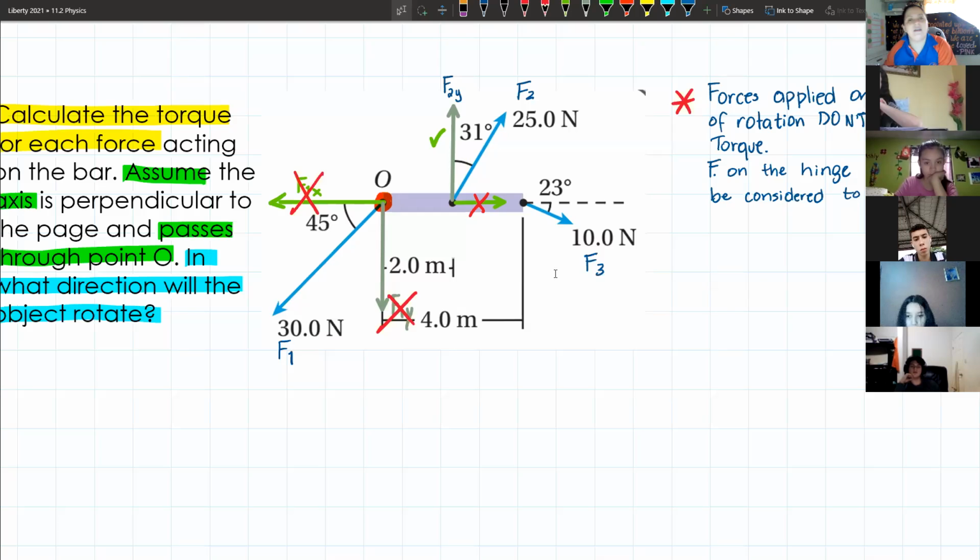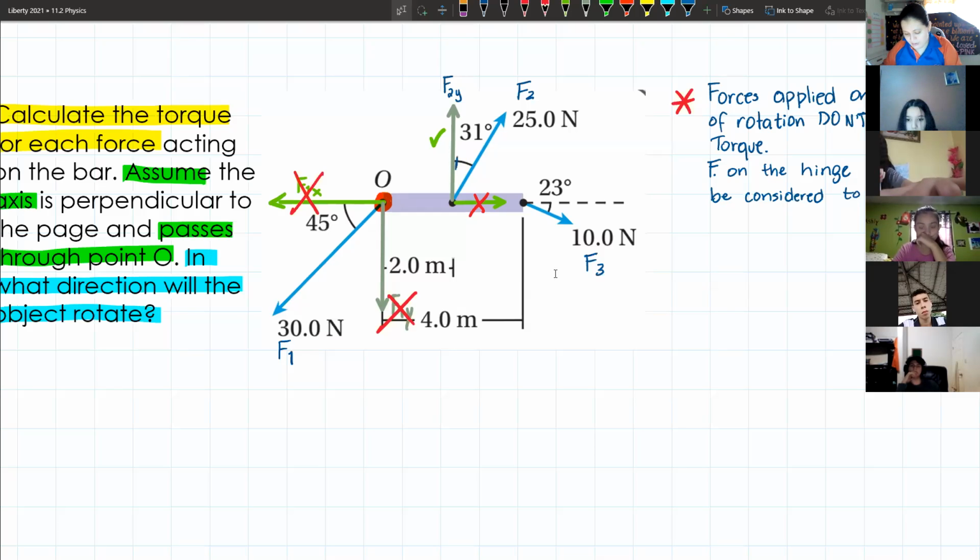Do you use sine or do you use cosine? Cosine. When touching the angle, you're gonna be using cosine, okay? So for this force 2, you're gonna be using cosine, like that, okay? This is just a prior analysis. We're not solving anything yet.